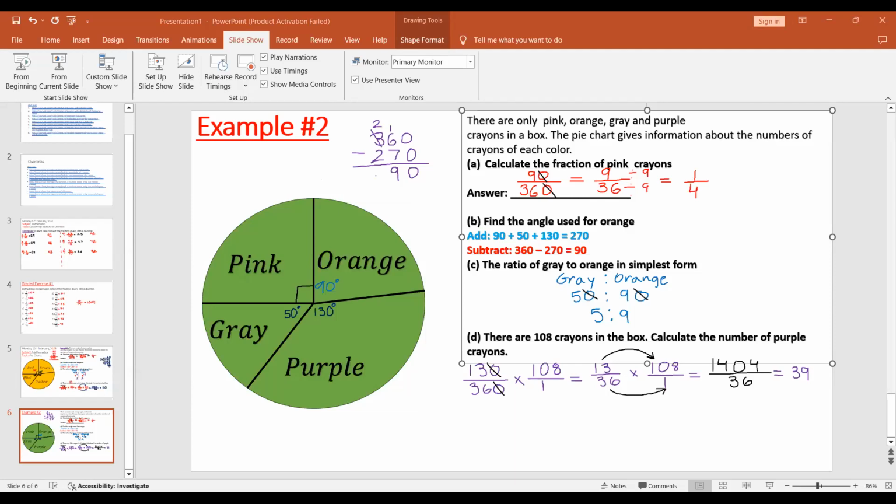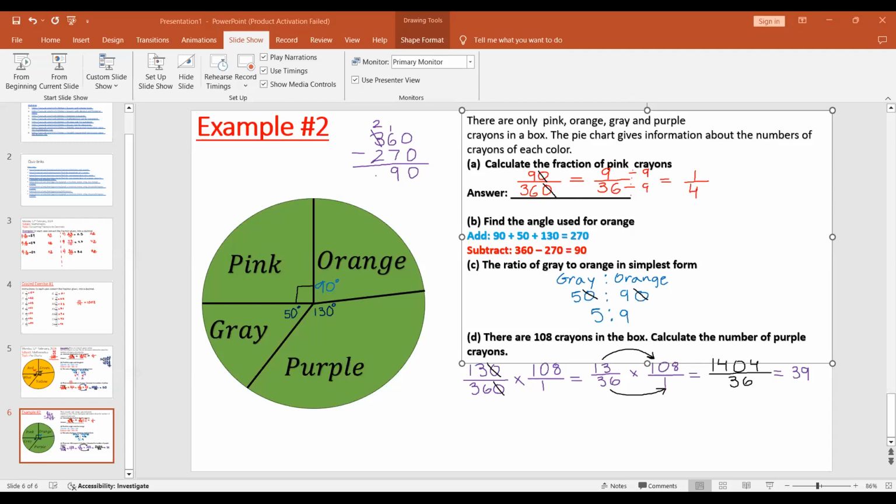We multiply 108 times 13, which gives us 1,404 over 36. And then we divide 1,404 over 36, which gives us 39. Okay, good. And so that's how we get 39.